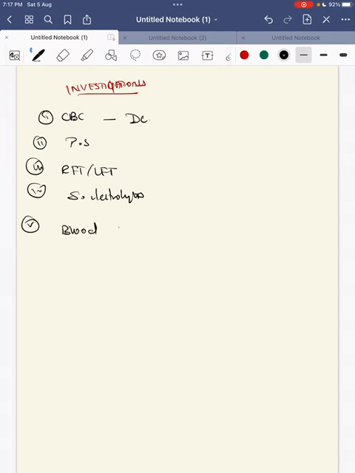Our important investigation will be blood culture sensitivity, CRP. Culture sensitivity, if the child has any central line or peripheral line, you have to take the sample from there. So culture sensitivity of the peripheral and the central lumen.